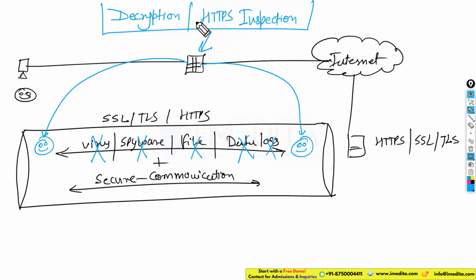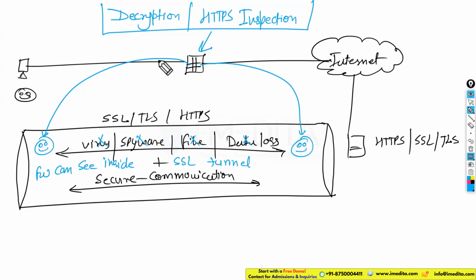When we enable decryption and HTTPS inspection on the firewall, the firewall can see inside the SSL tunnel, and we can block virus, spyware, files, and data loss. So what is decryption?